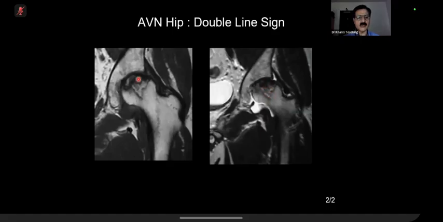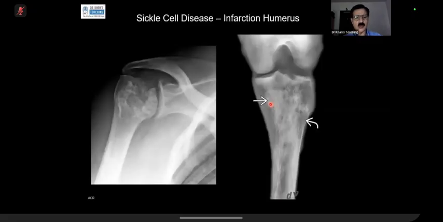In this area, variable intensities can be seen according to how much fatty marrow is there and things like that. But the definition of double line sign I've just told you: interface between normal and abnormal bone, and this is the granulation tissue.